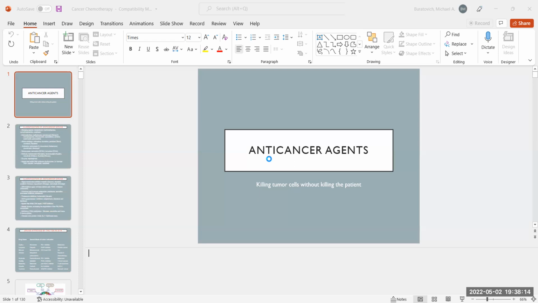These two drugs include this drug shown here, carmustine. The other is lomustine, carmustine and lomustine.